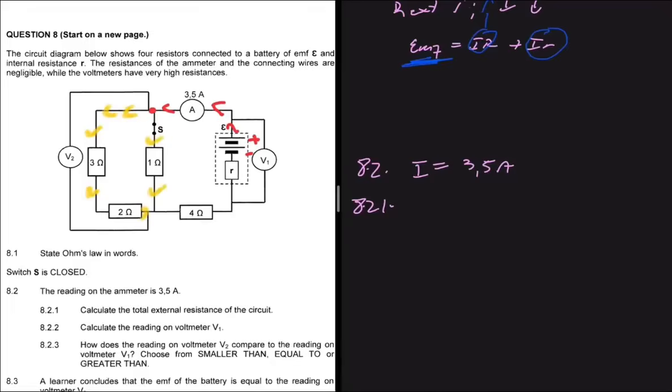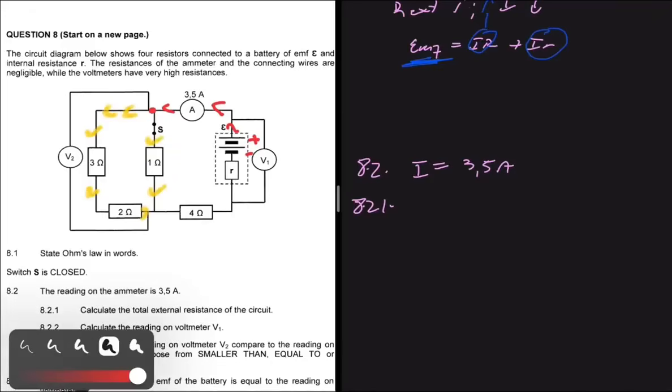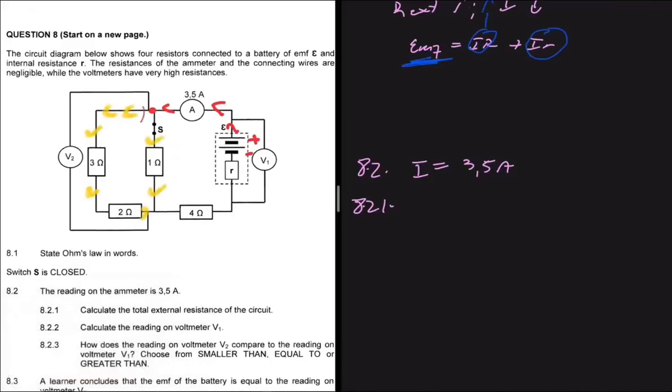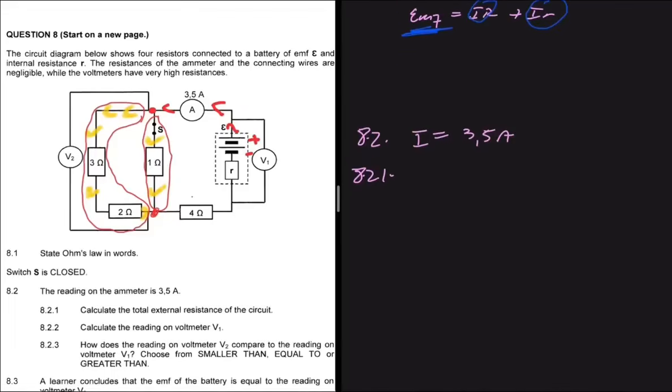Because the current has divided, we know fully well that the total resistance in this path will be parallel to the total resistance in this path, right? And then here the current flows as one, so this 4 ohm resistor here is in series. We are asked to calculate the total external resistance of the circuit.